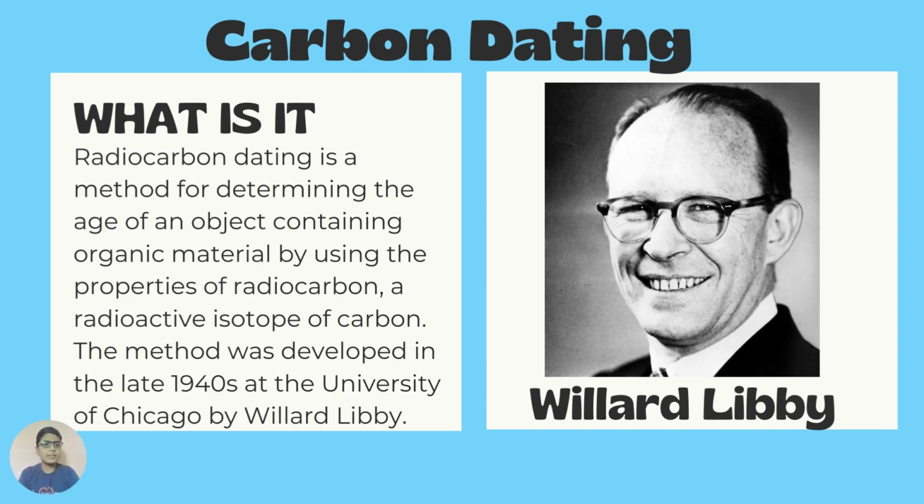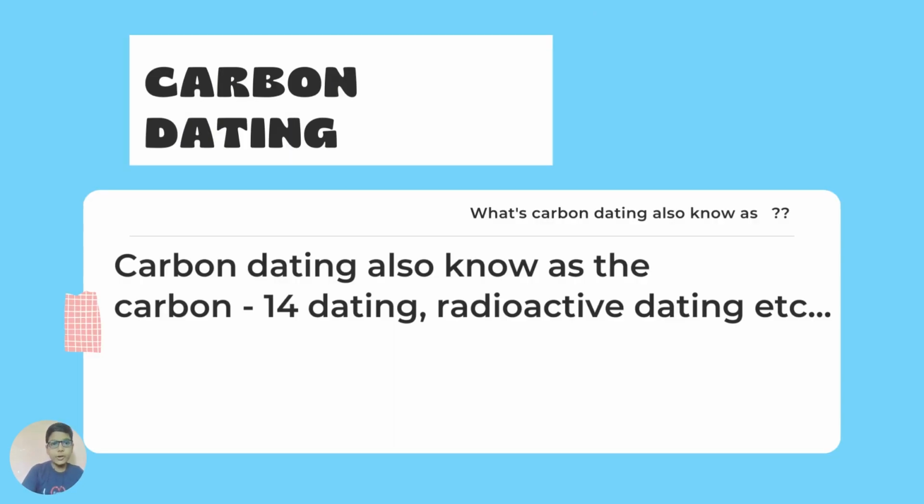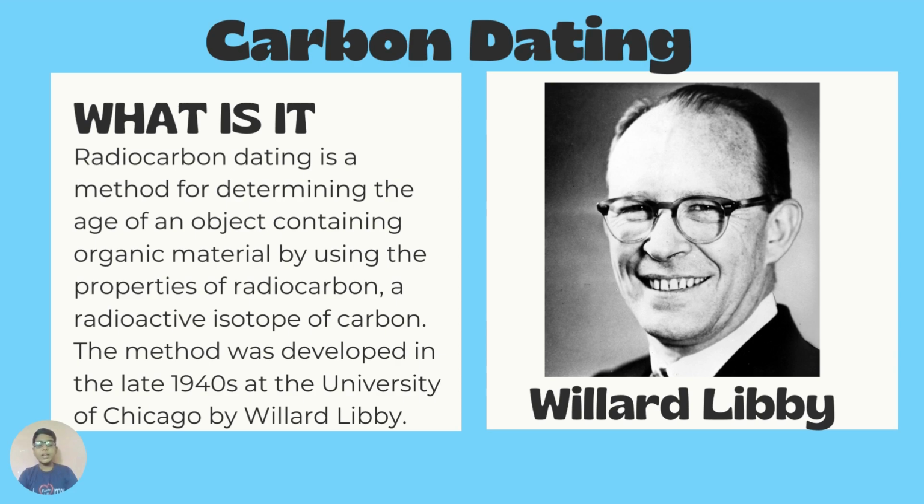Now let us understand what this radiocarbon dating is. Why do we use radiocarbon? I have said that it is known as radioactive dating because carbon 14 is really radioactive. It is very reactive and very radioactive. That is why it is known as radiocarbon dating. It is a method of determining the age of an object containing organic materials.